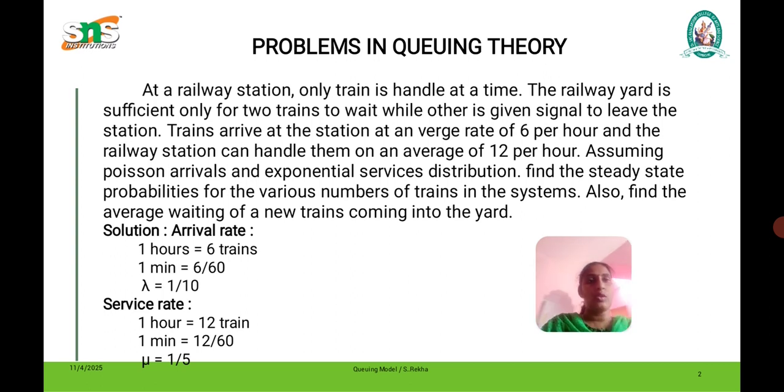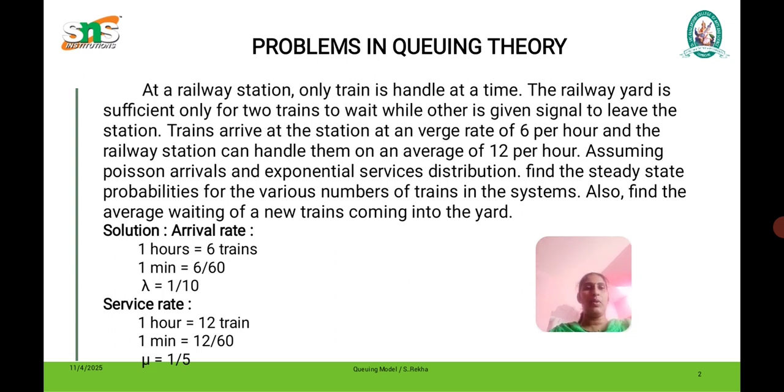FIFO is first in, first out. N means only a finite number of customers are allowed in this model. Compared to the previous one, where an infinite number of customers can arrive at the yard, in this we have to check that only a finite number of inputs will be allowed.